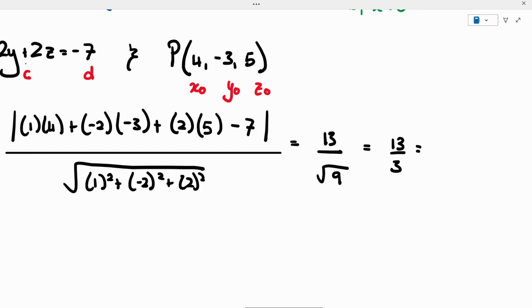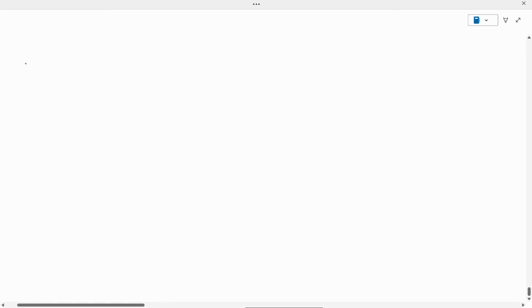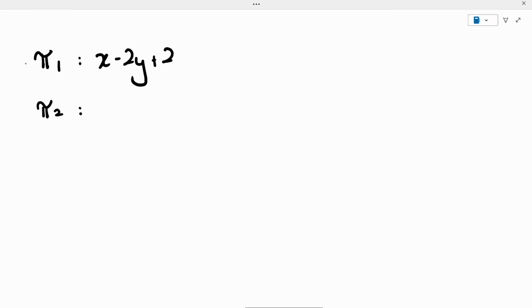Where it gets interesting now is we want to find the distance between two planes. So let's now try pi 1 and pi 2. Pi 1 is x minus 2y plus 2z equals 3, and pi 2 is 2x minus 4y plus 4z equals 7.